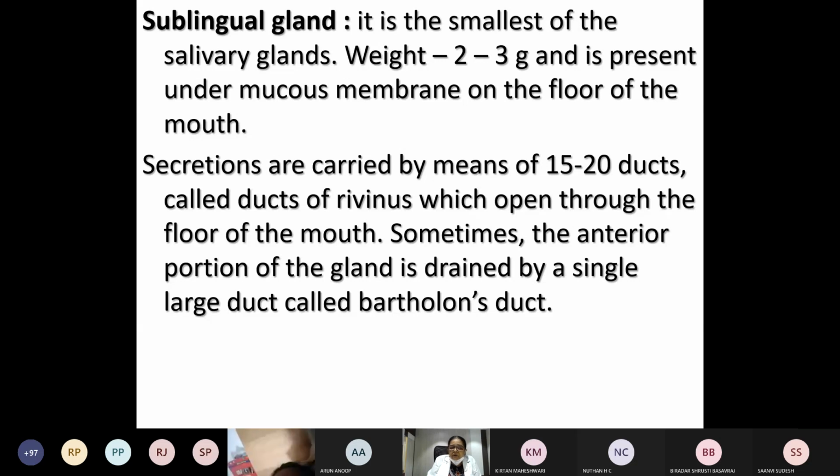Sometimes the anterior portion of the gland is drained by a single large duct called Bartholin's duct.